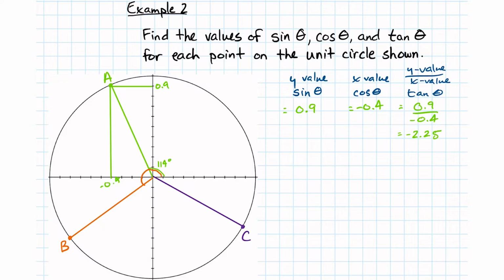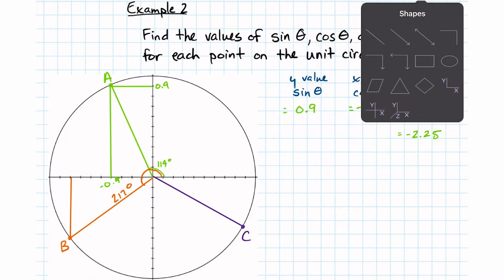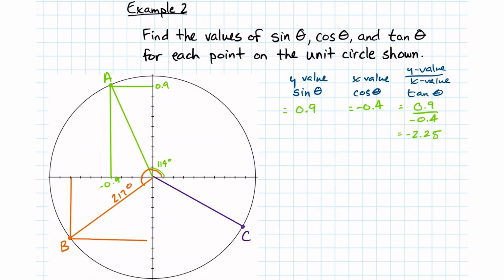So now let's look at point B. Point B is at an angle of 217 degrees. Again, let's draw straight lines to my x and my y values so that we can see it better. So let's go straight up to my x value and go straight over to my y value. Okay, this gives me an x value of negative 0.8, and a y value of negative 0.6.